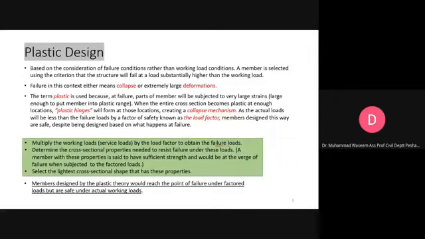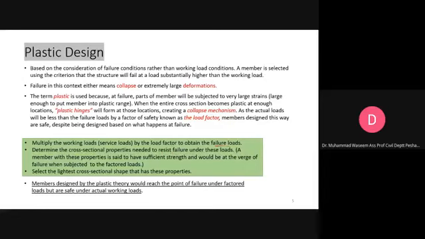Then we determine the cross-sectional property of the member needed to resist this load. We do not design it for the workable load; we design it for the failure load, or the plastic load.